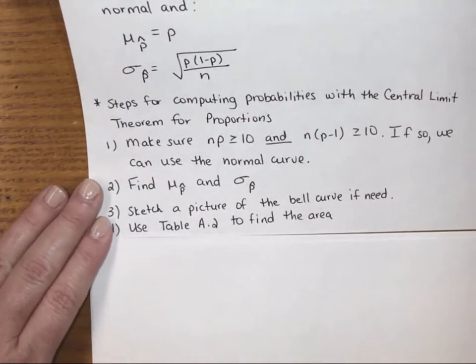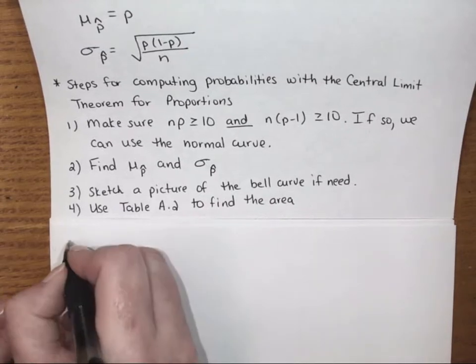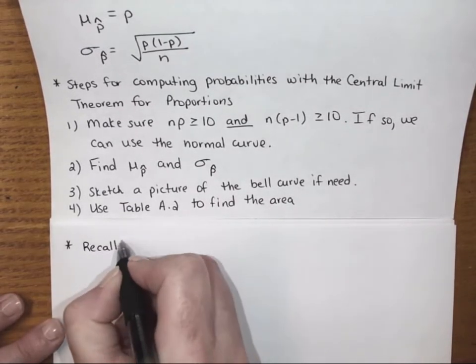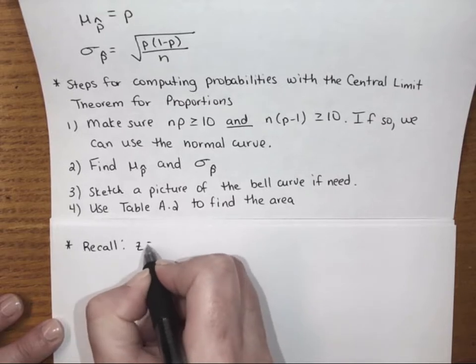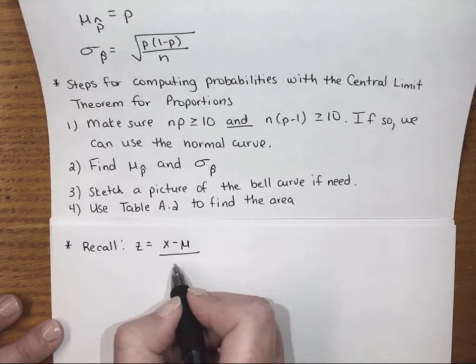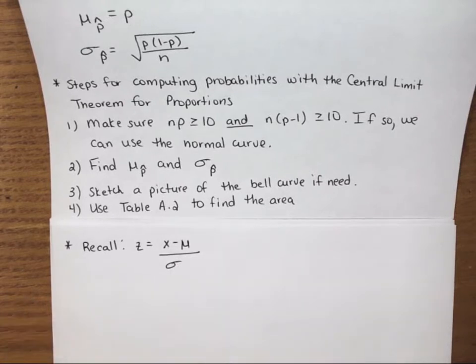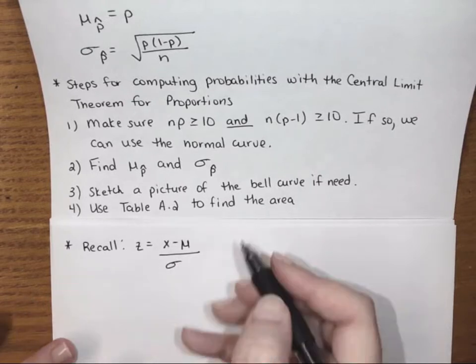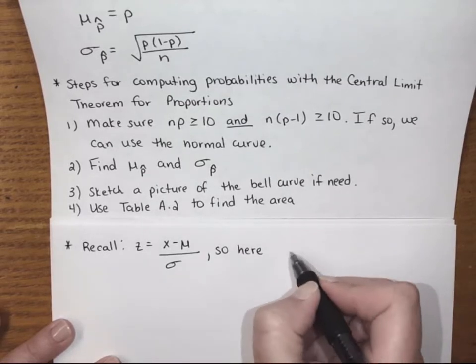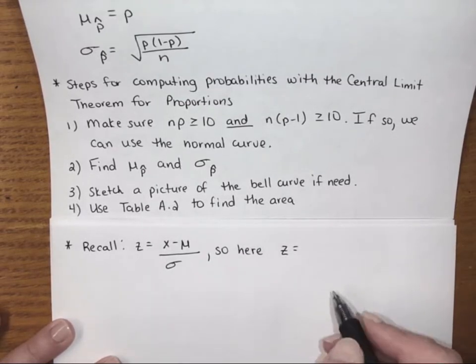So let's talk about how we find the standard deviation of these p hats. So here's our old formula for z-score, because remember, for that table we're discussing, you have to have a z-score. And remember, z-score can be found by doing x minus mu over standard deviation. So here we're just going to insert the values that make sense for this problem.